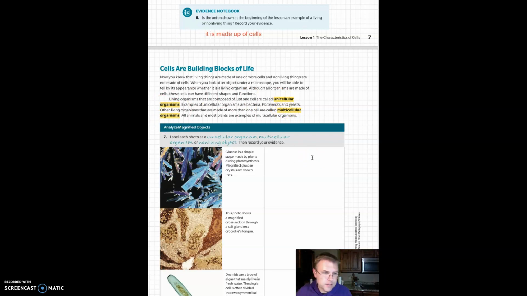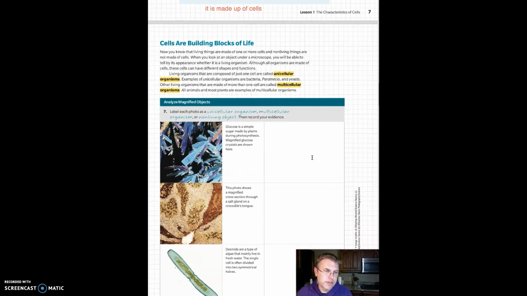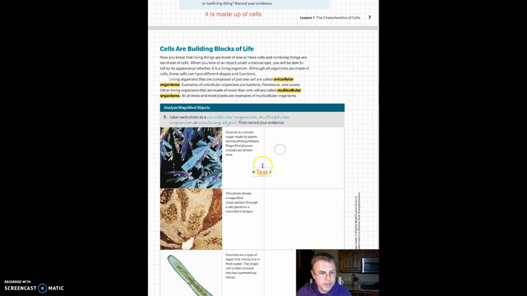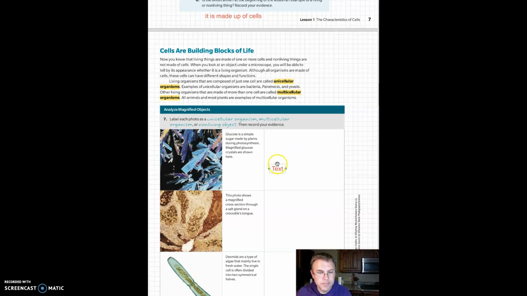The next part of this number 7 question says, label each photo as a unicellular organism, a multicellular organism, or a non-living object. It says record your evidence. Basically, I'm just going to give you the terms that you should have in here. This first one says glucose is a simple sugar made by plants during photosynthesis, excuse me, easy for me to say, right?